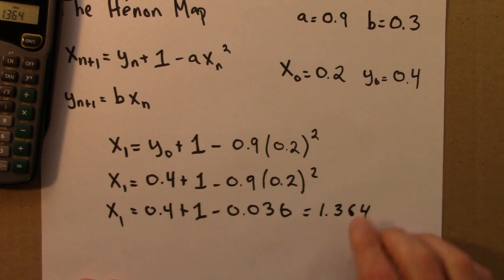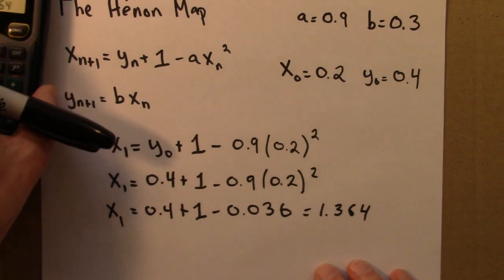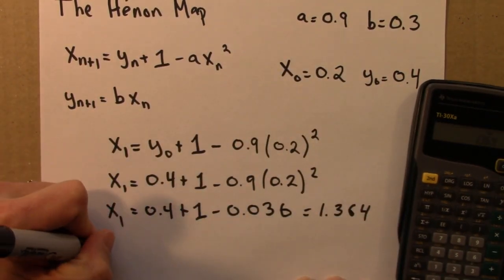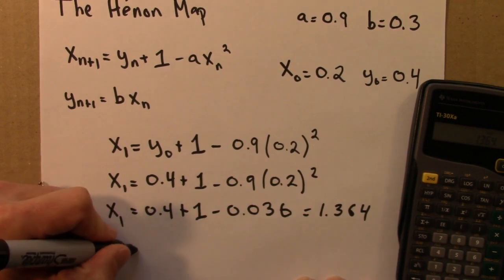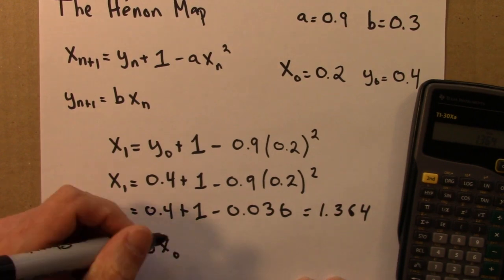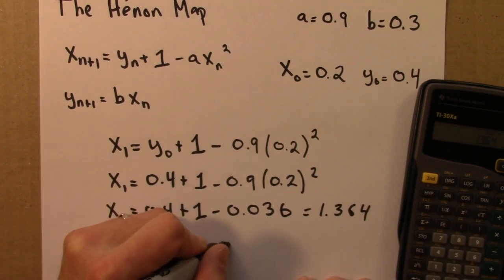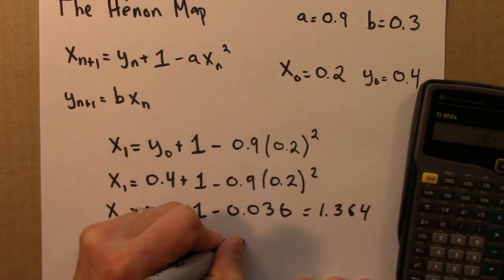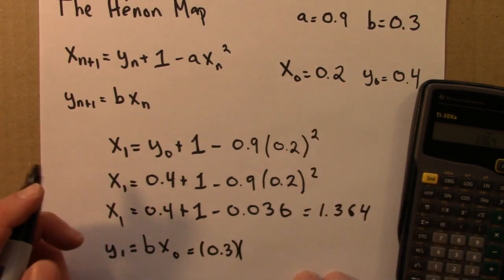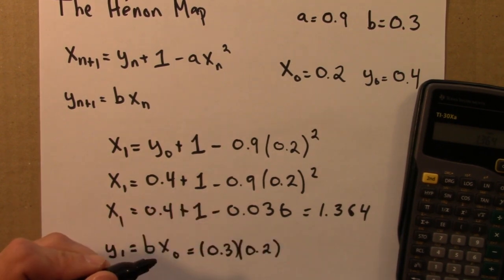And let's also get y1. All right, we need to keep track of two variables now, not just one. And I think I have enough room to do this. So this equation tells me that y1 is b times x0. b is 0.3. x0 is 0.2.